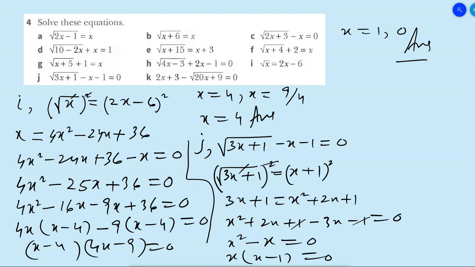Last part, k is 2x plus 3 minus 20x plus 9 root is equal to 0.